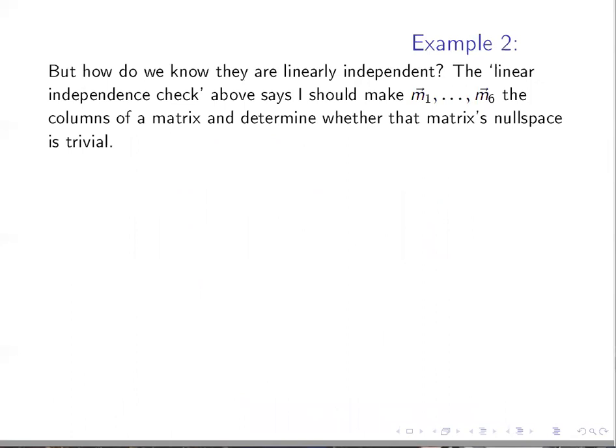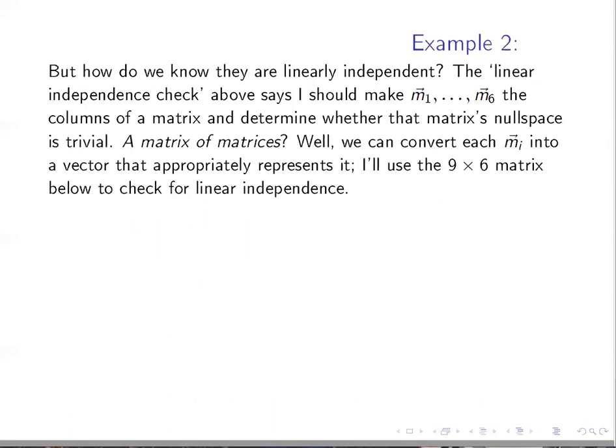As I just mentioned before, we usually turn the vectors into columns in a matrix, and then we just make sure the null space of that matrix is just the 0 vector, which means it has the number of pivots. Again, we have all those different theorems that we get to leverage. We can't have a matrix of matrices. So we're going to trick ourselves by using vectors, an m by 6 matrix.